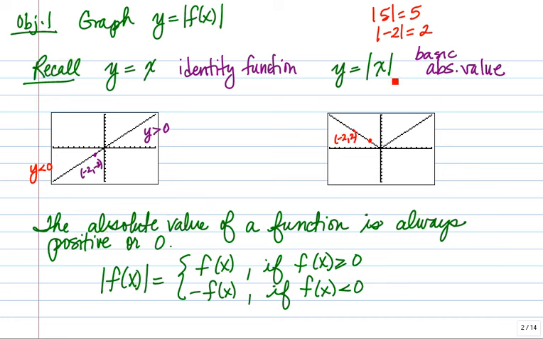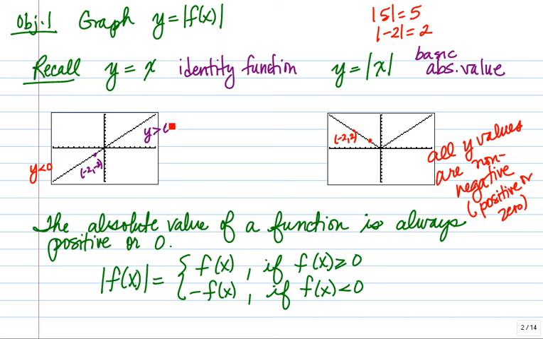So the absolute value function makes all the y values non-negative. Would you agree with that? All y values are non-negative. What does non-negative mean? It just means simply positive or 0.